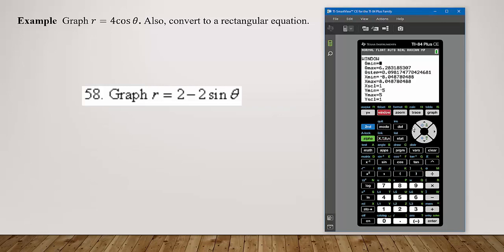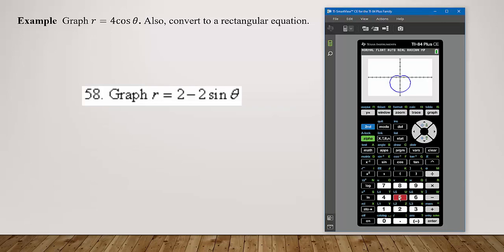My window is 0 to 2 pi still. I'm still going to start off with -4 to 4 on the x-axis and -5 to 5 on the y-axis. Looks good. So here we go. Here comes the graph. All right, I have a good graph there, but I'm going to get an even better graph by making a square viewing window.